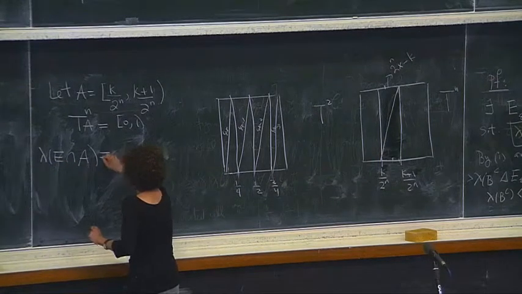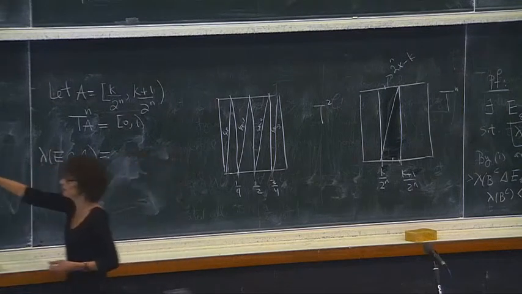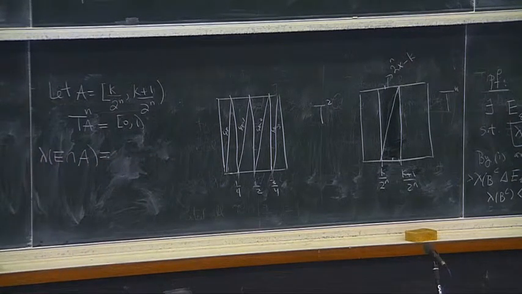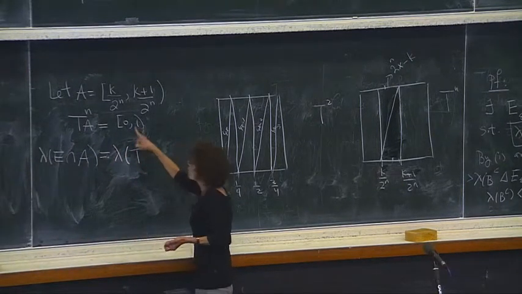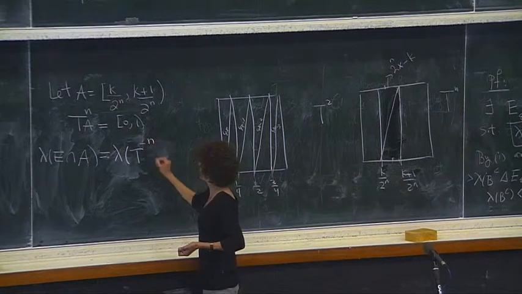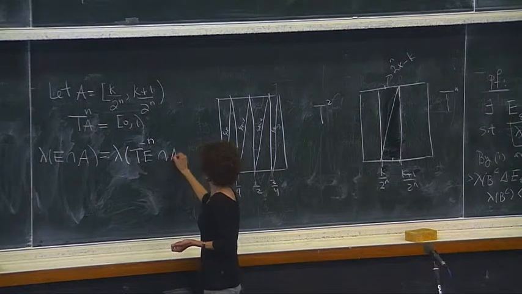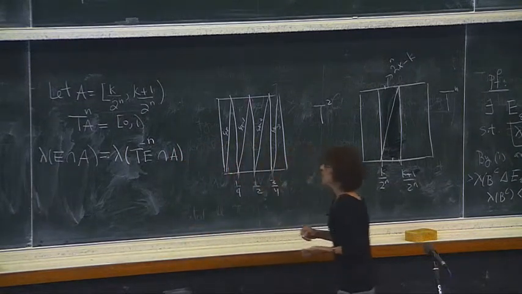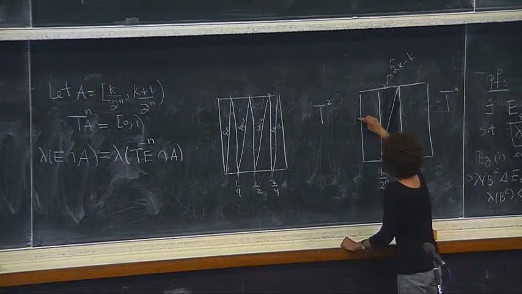So I first exploit the invariance of E. Because I have order n, it's convenient to look at T minus n of E. Of course, it's still E. Here's my E, somewhere here.